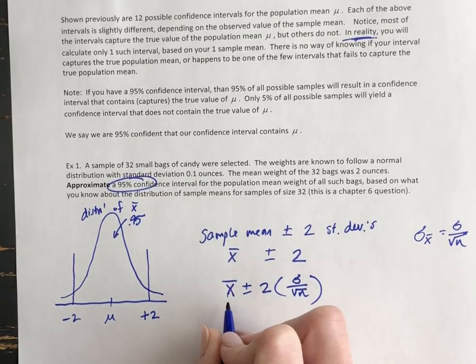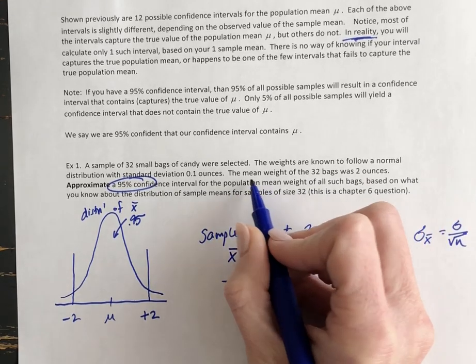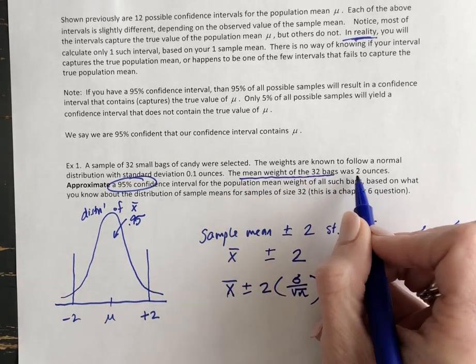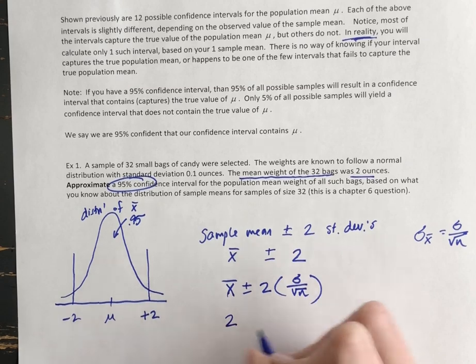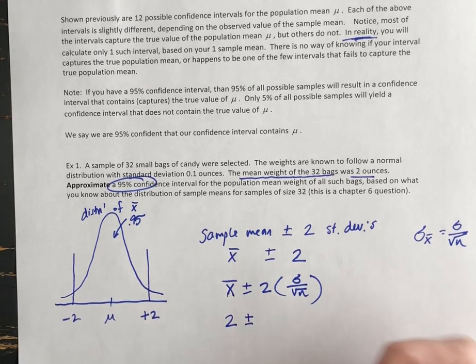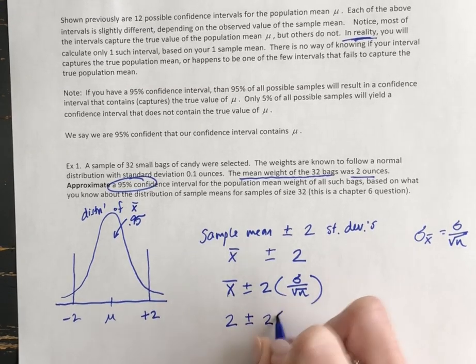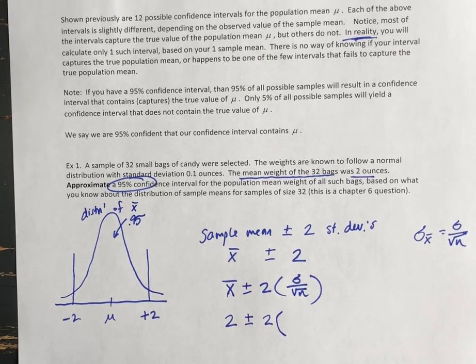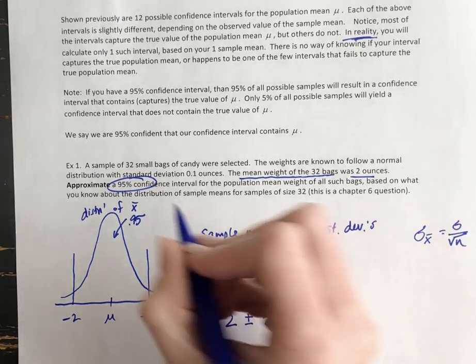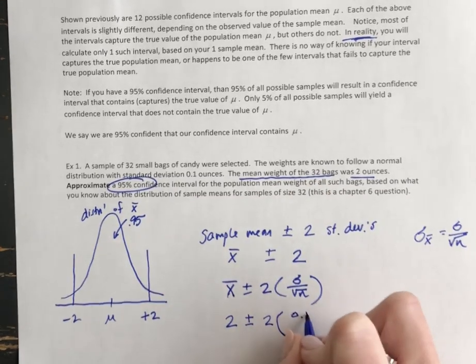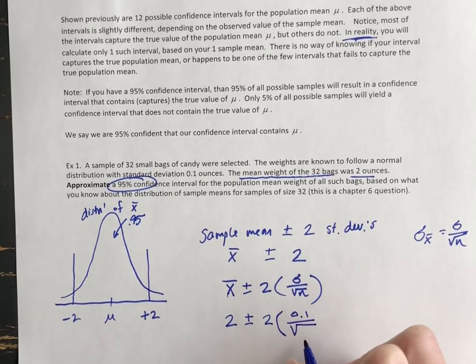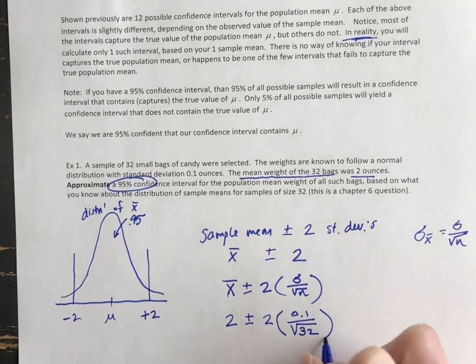Okay, so our sample mean for this problem, if we go back up, says the mean weight of the 32 bags was 2 ounces. So there's my 2 ounces plus or minus 2 copies of the standard deviation of X bar, which was the original standard deviation, 0.1, over the square root of my sample size, which was 32.